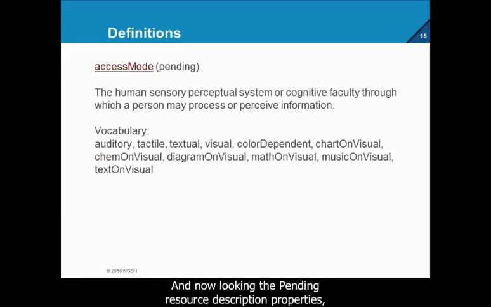And now looking at the pending resource description properties, we've got access mode, which as I mentioned is the way to describe the basic resource modes. So auditory, tactile, textual, visual. And then we have a bunch of subsets of visual, because sometimes a person has some vision but has a visual impairment that makes it difficult for them to use some materials.